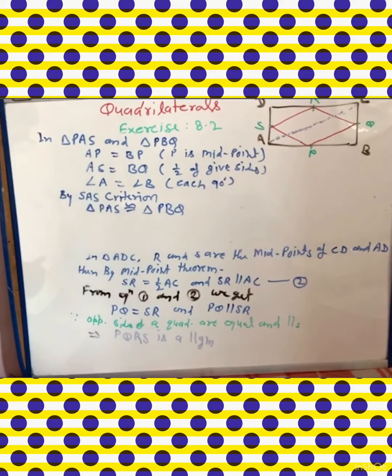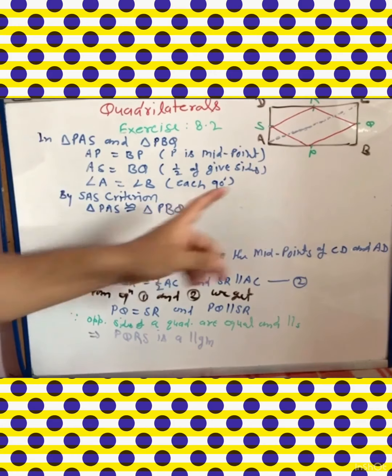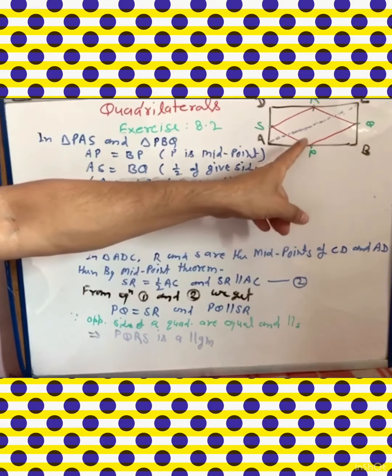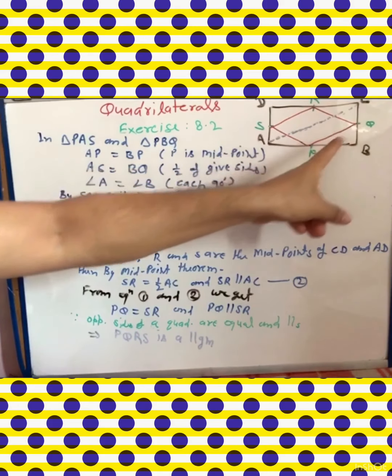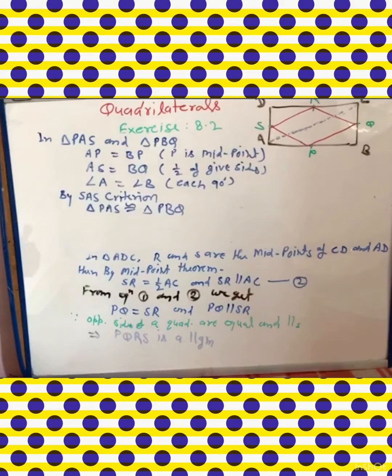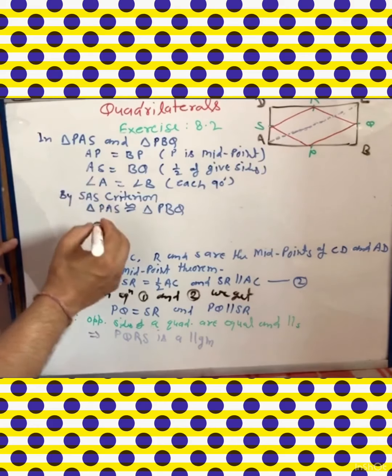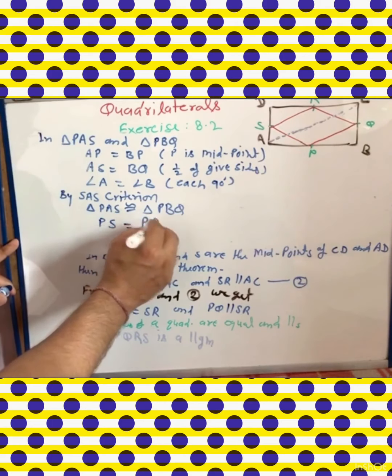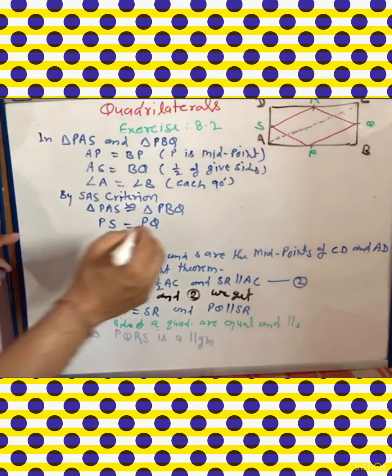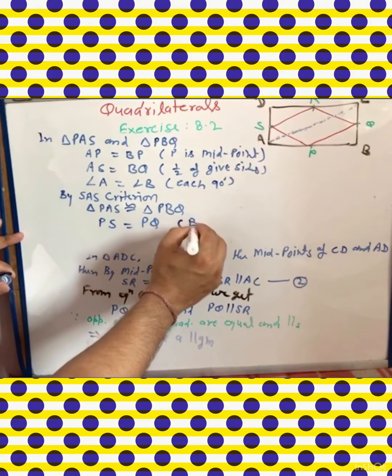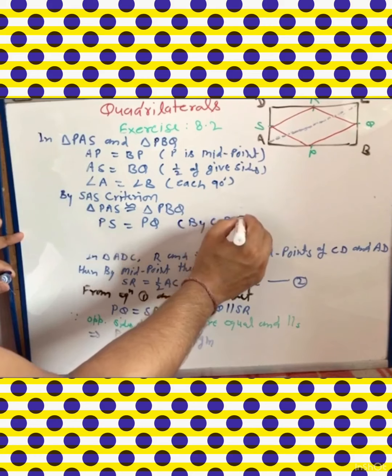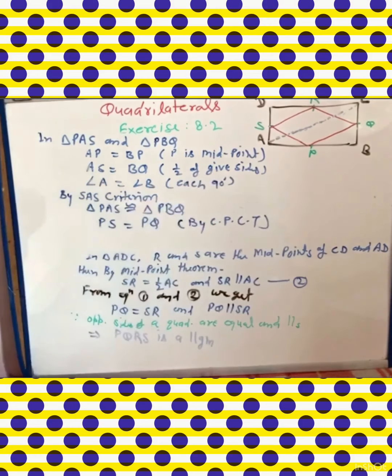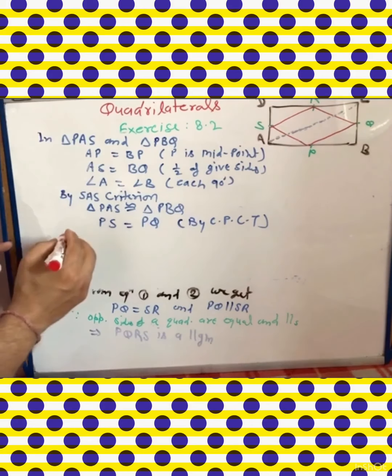So if these two triangles are congruent, then you can say that PQ equal to PS. Means you will write here PS equal to PQ by CPCT. Because if these two triangles are congruent, it means all corresponding parts will be equal.